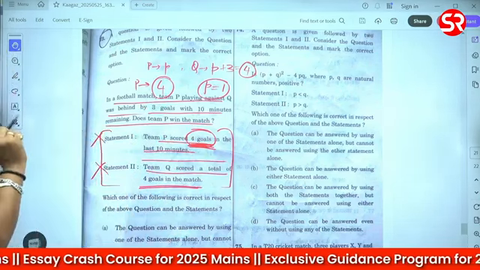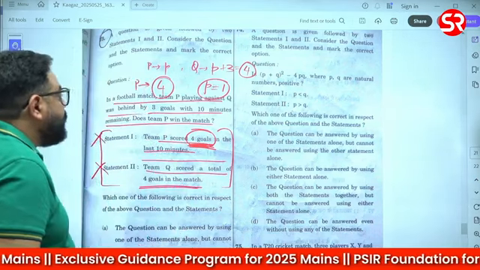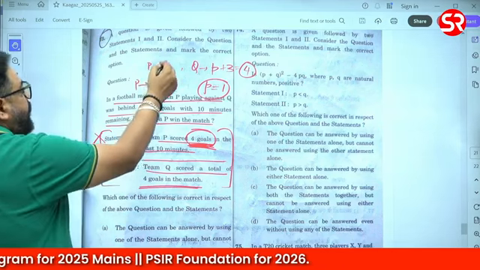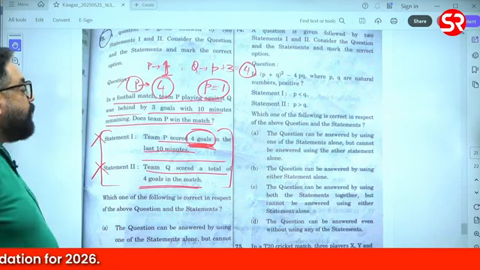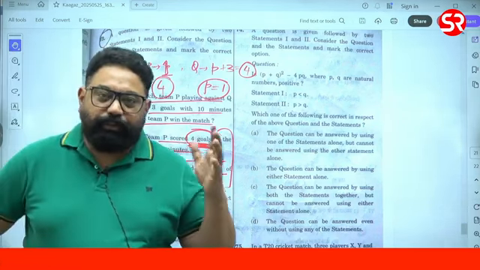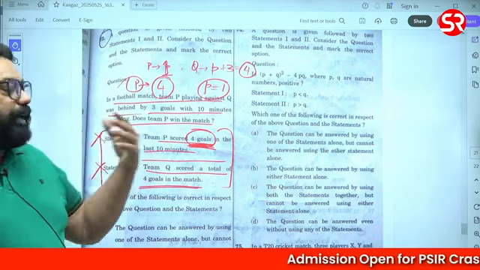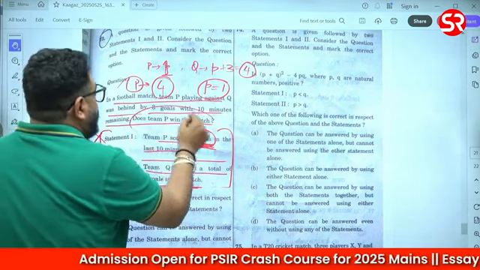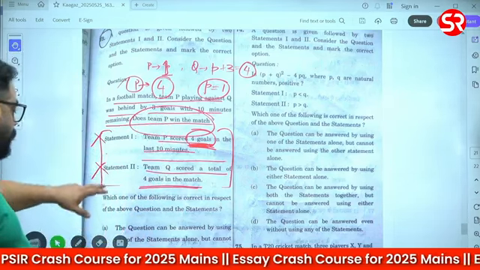Guys, this is something really, really important. If P had 1 and scored 4 more goals, then P wins. So there are two things coming: either P wins, or otherwise both are level. So he says, does P win the match? No, even by adding them together it is not working.